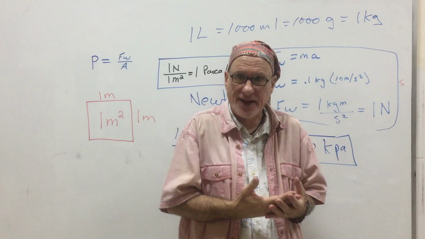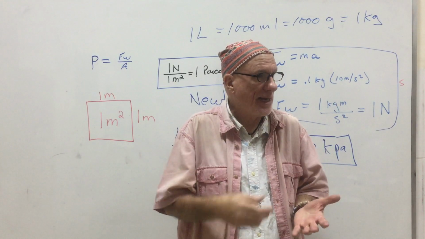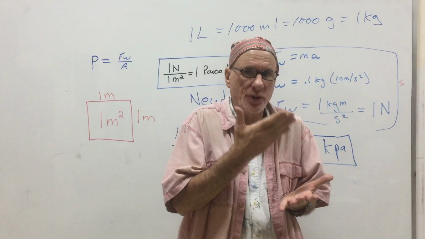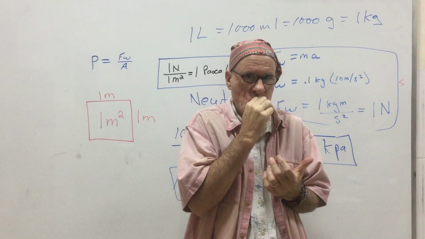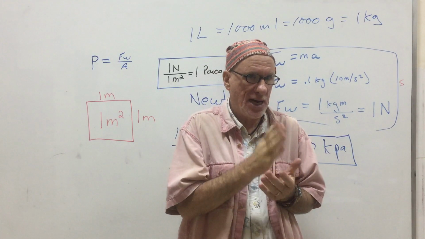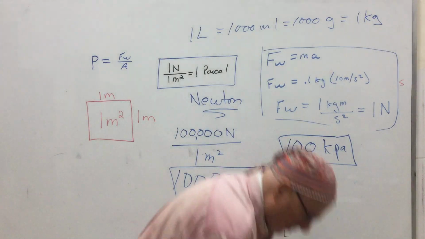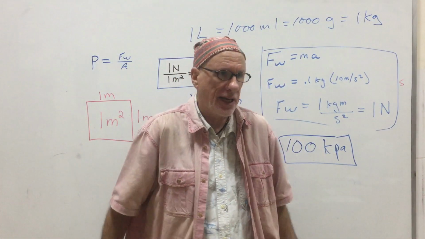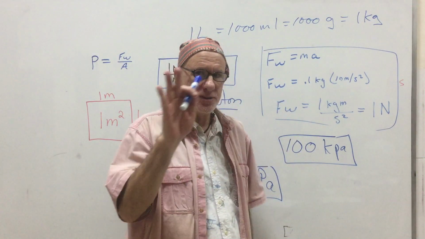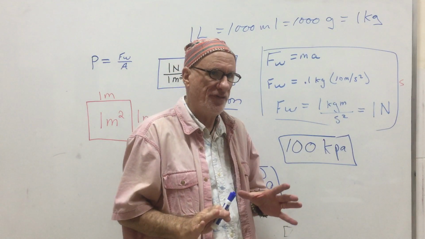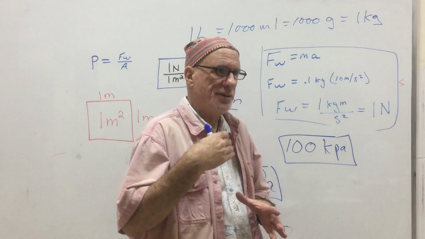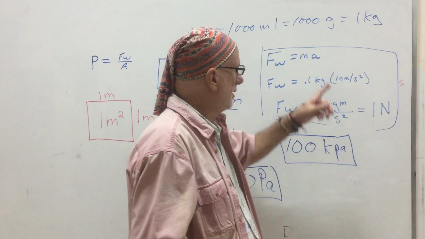After 2 seconds? 20 meters per second. Every second, it's going to increase its velocity 10 meters per second. It's not random. But I want you to understand that the physics is very simple. I'm just using the physics to help define the term.